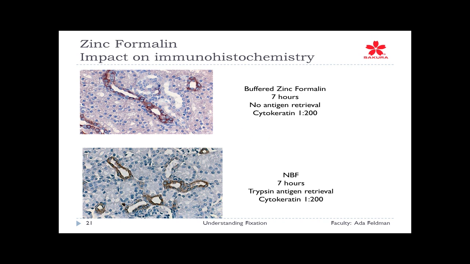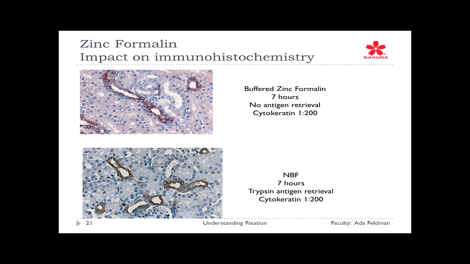So let's see what that does to our immunohistochemistry, because before, the methylene bridges caused us to have to do antigen retrieval. So here's two slides, all right? Both have been fixed for 7 hours. The top has been in buffered zinc formalin. The bottom was fixed in neutral buffered formalin. Yes, we're both seeing the cytokeratin.